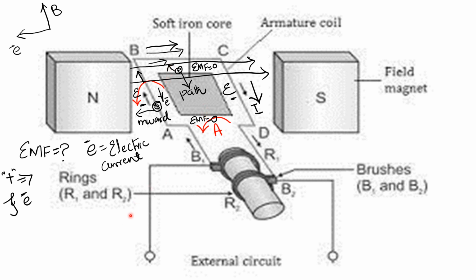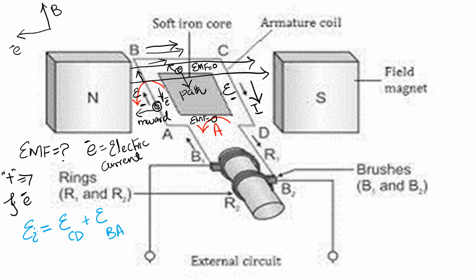So this means that the total EMF induced will be the EMF induced on side CD plus the EMF induced on the side BA.